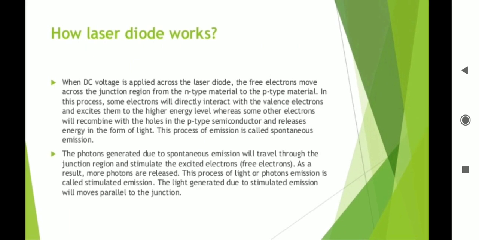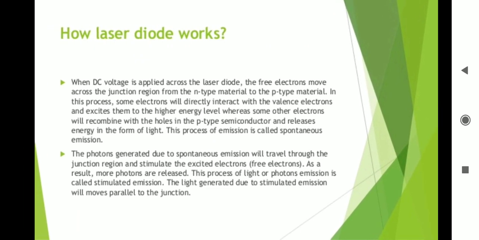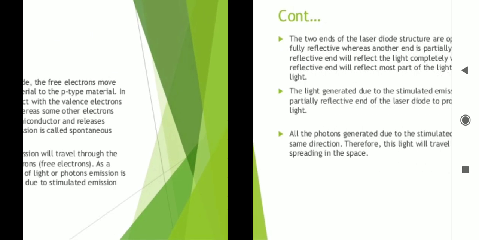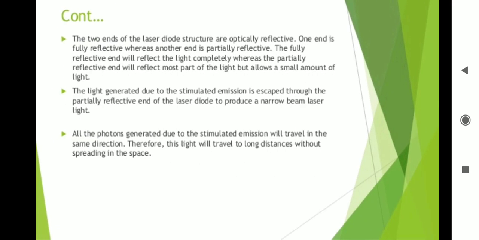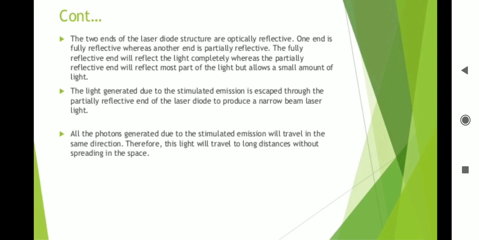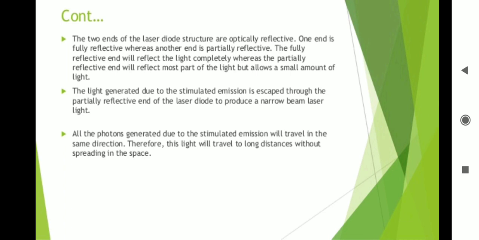So this is how a laser diode works. You have to see again and again these three basic steps for the generation of laser, that is absorption, spontaneous emission and stimulated emission.